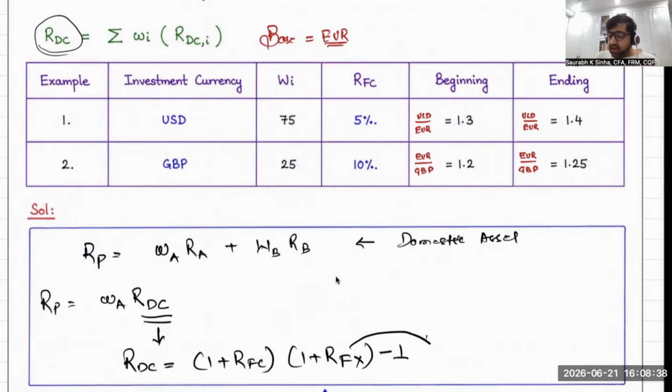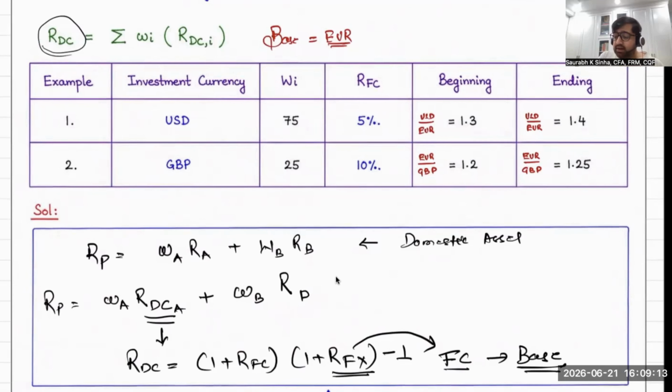And I can use it directly only if, the nuance that we discussed, the nitty-gritties, the foreign currency is given in the quotation as a base currency. Otherwise, I cannot use the formula because the appreciation and depreciation would be different. Plus, the weight of the second foreign currency asset in the portfolio times the return of the second asset in terms of domestic currency, not the foreign currency.